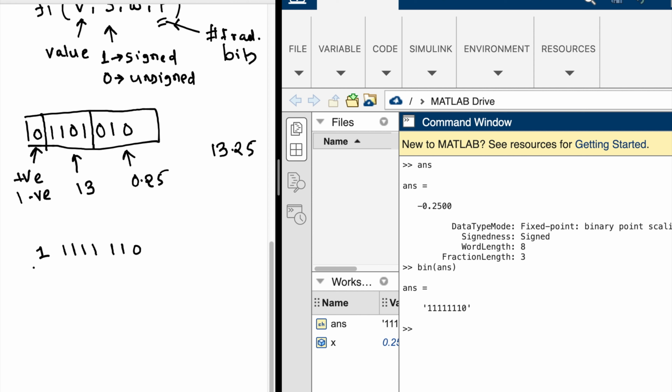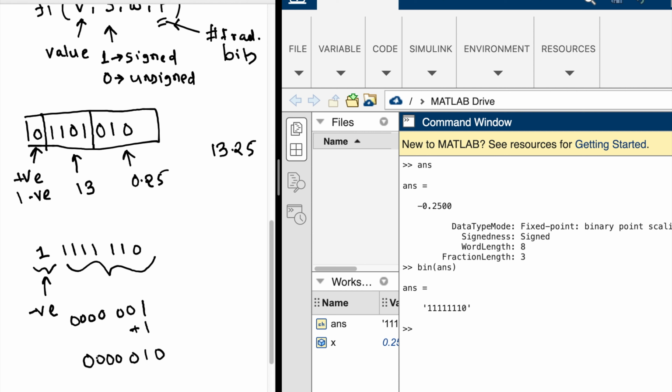Okay, so 1 means this is actually a negative number, and these bits are in 2's complement format. To obtain the value, we have to do the 2's complement operation. So basically we flip the bits, which gives 1 0 0 0 0 0 0, and then we have to add 1. So this is 0 0 0 0 0 1 0.